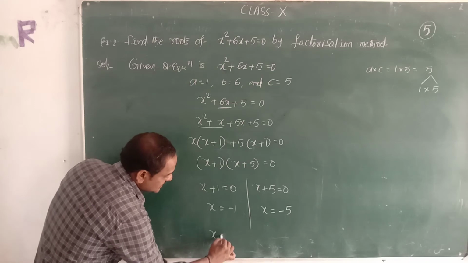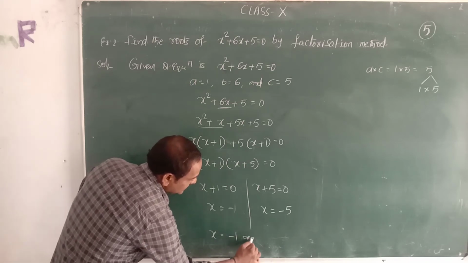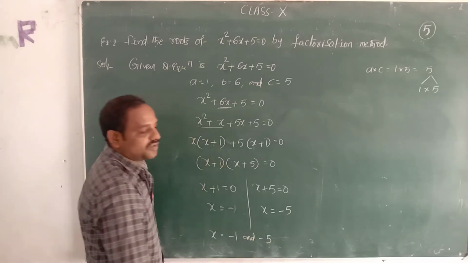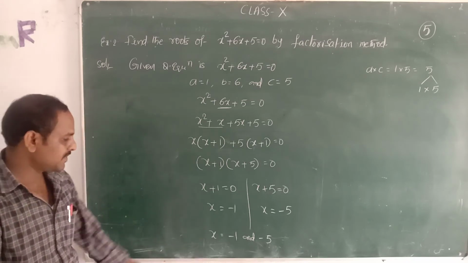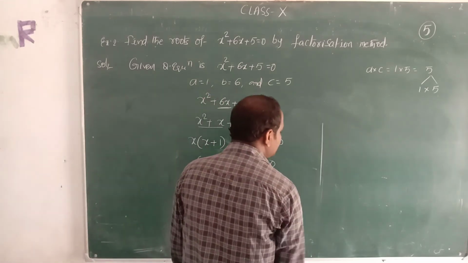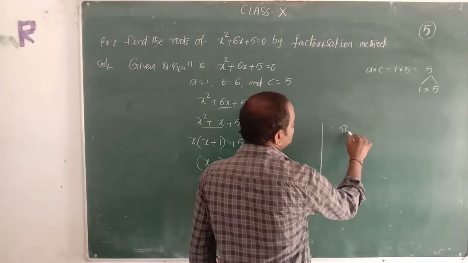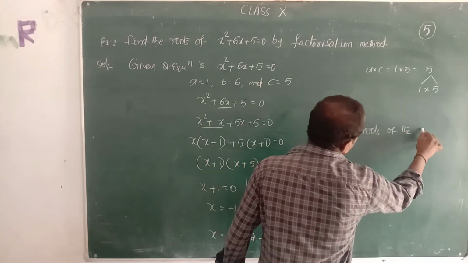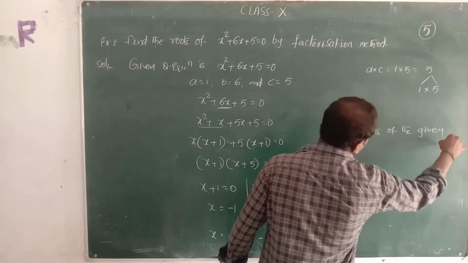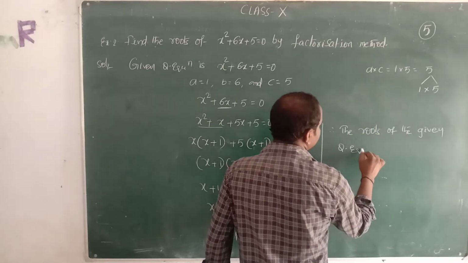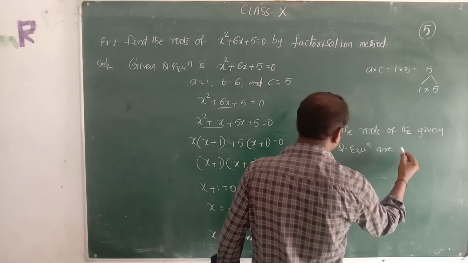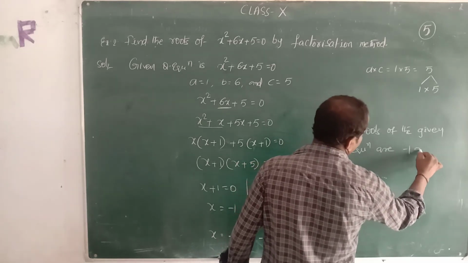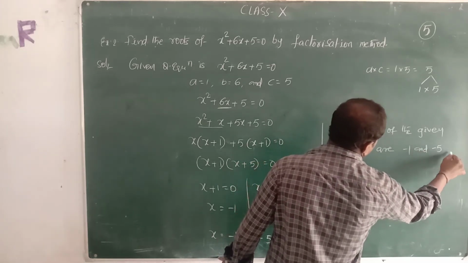Therefore x is equal to minus 1 and minus 5. So what are the roots we got? Minus 1 and minus 5. What is the conclusion? Therefore the roots of the given quadratic equation are minus 1 and minus 5.